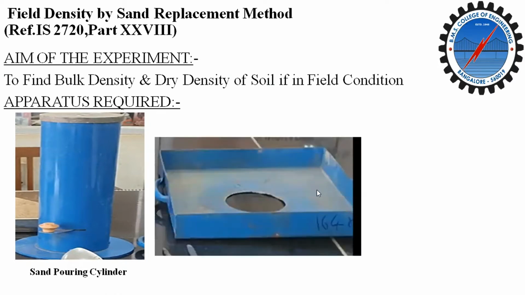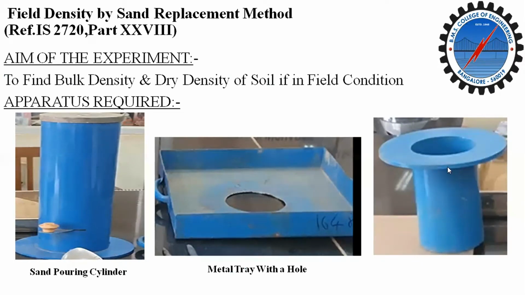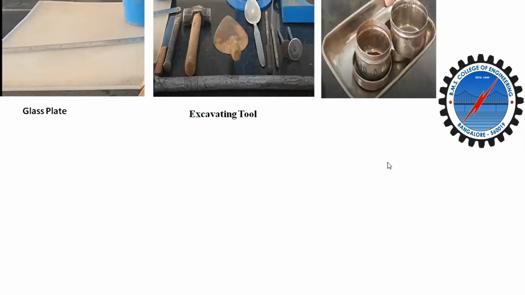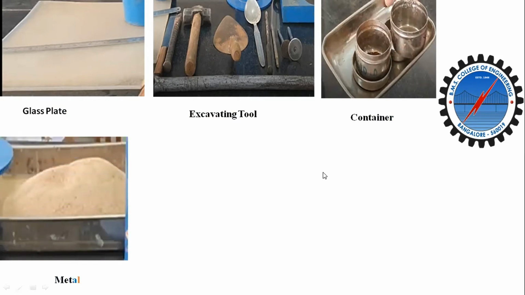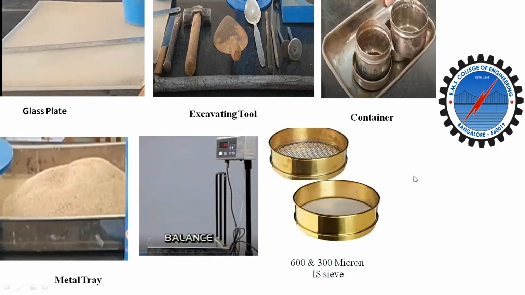And then a metal tray with a central hole, a calibrating cylinder of 10 centimeter internal diameter and 15 centimeter internal depth, a glass plate, the excavating tools, the container used for water content determination, then the metal tray, balance, and IS sieves of 600 and 300 microns.